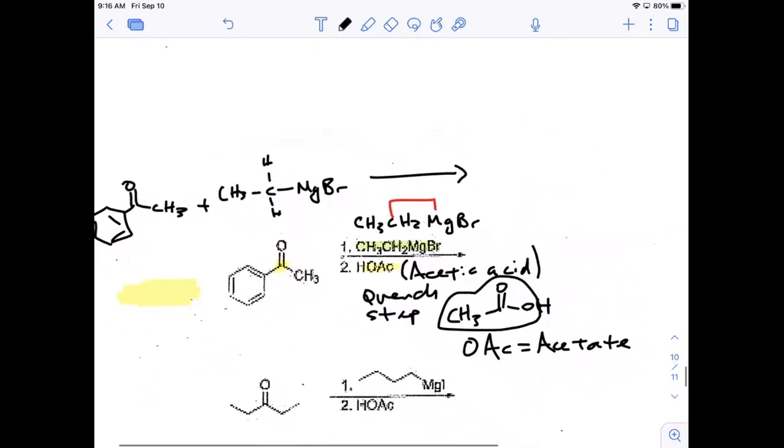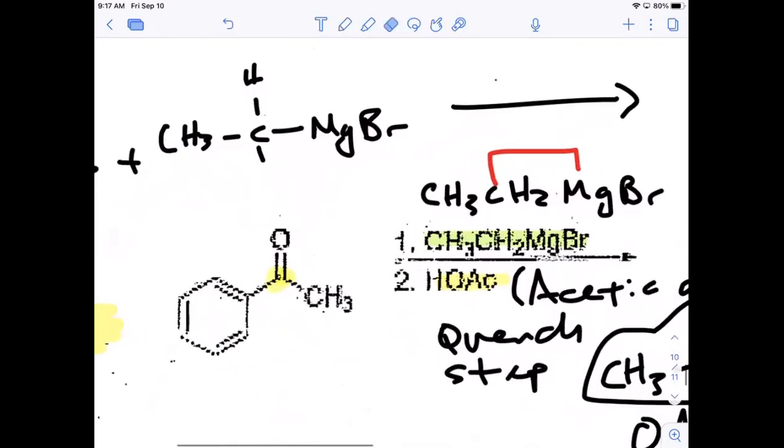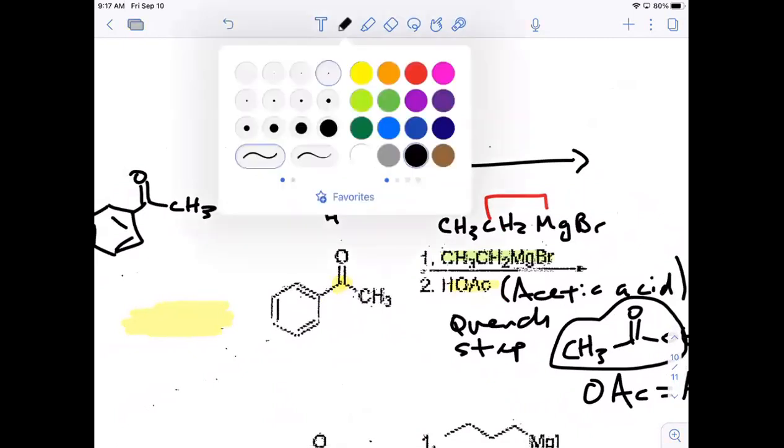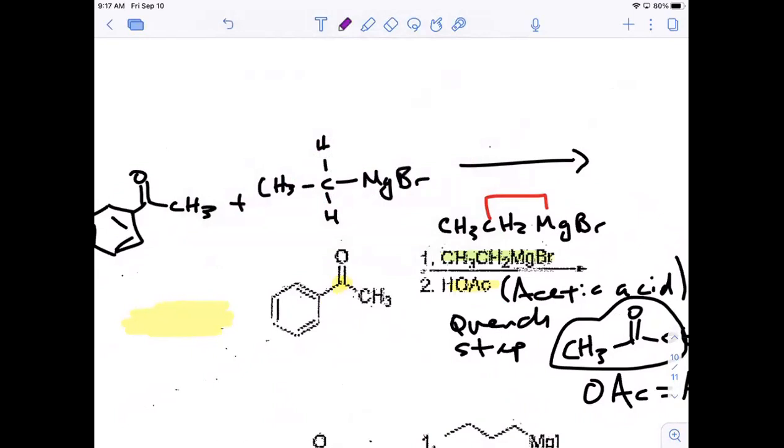So what would the arrows look like showing that nucleophilic attack? And then secondly, what would the intermediate look like? The arrow will come from the carbon attached to the magnesium bromide to the backside of the double bond with the oxygen. Okay, so from here, like that. Yes, and then because you always have to break that C=O pi bond.